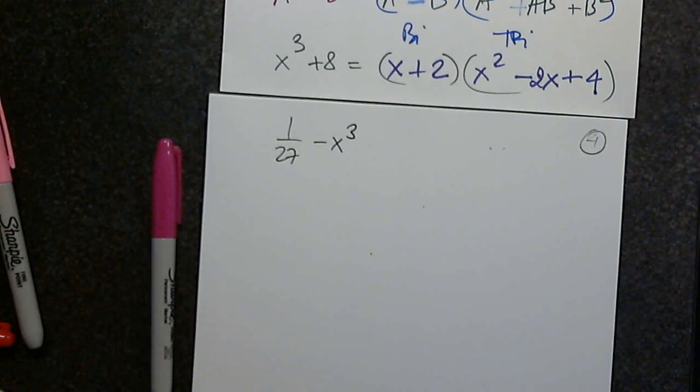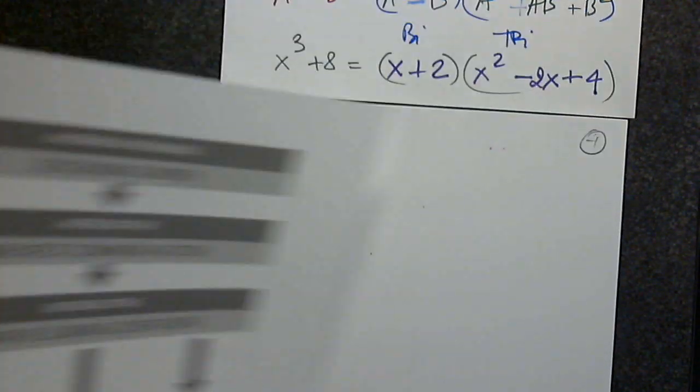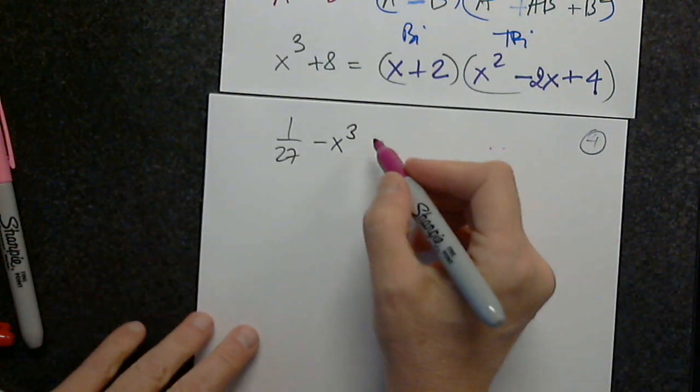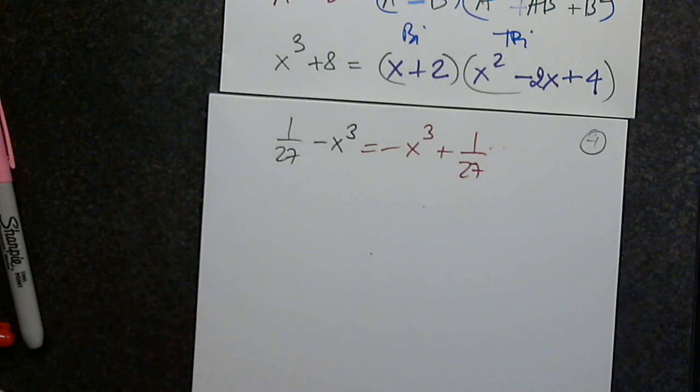I immediately go to my strategy. So the first question is, what type of polynomial is it? Second question, is it in descending order? Excellent. It's not in descending order. So it has to be negative x cubed plus 1 over 27. This is the correct descending order.